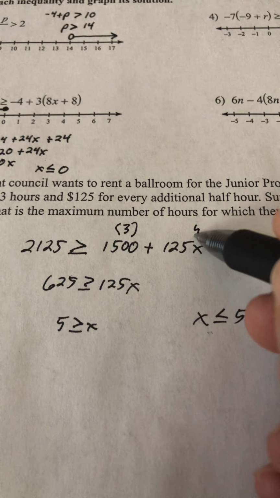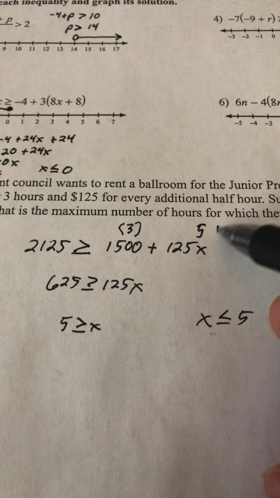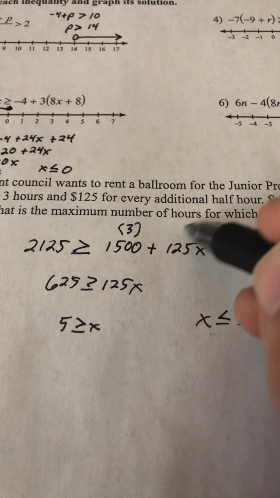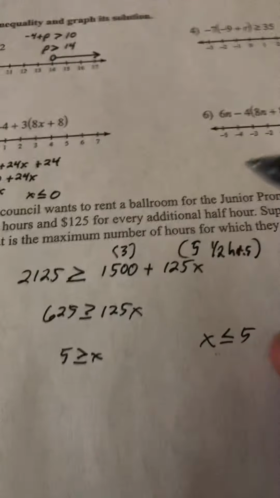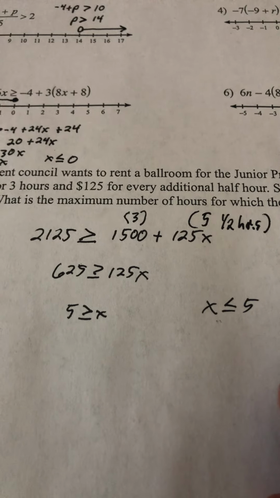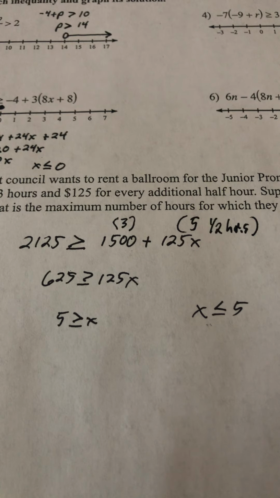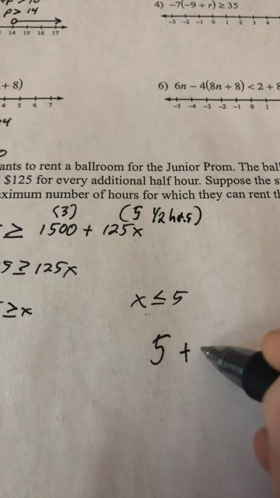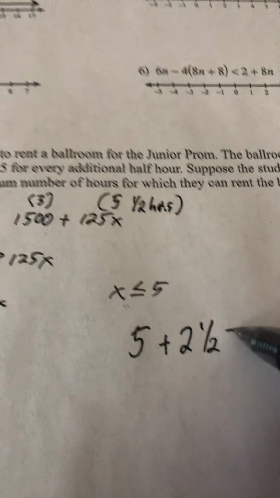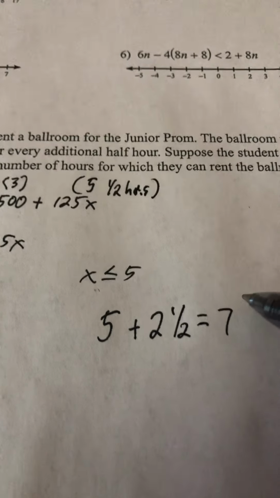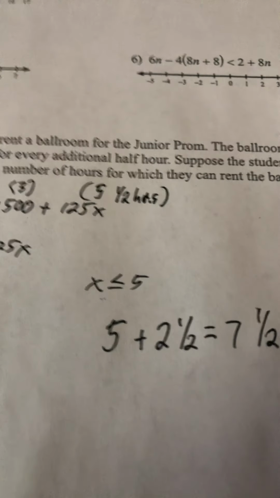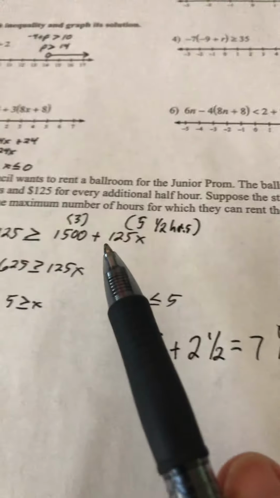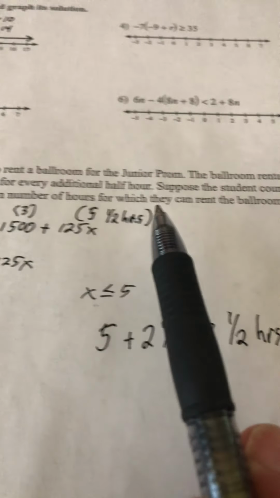So 5 half hours, if you take half of 5, that's 2.5 hours. So 3 plus 2.5 hours is going to be 7.5 hours, which actually answers the question of what's the maximum number of hours for which they can rent the ballroom.